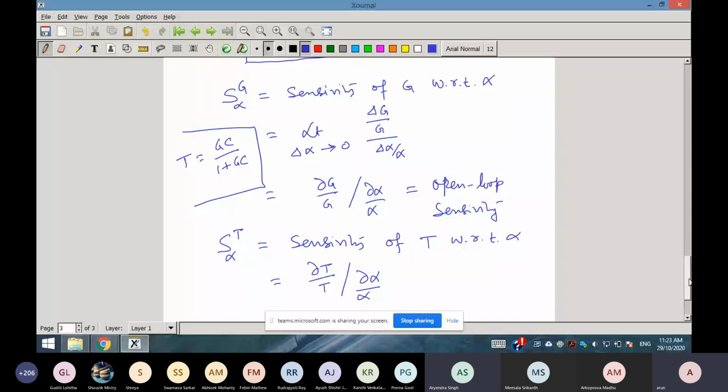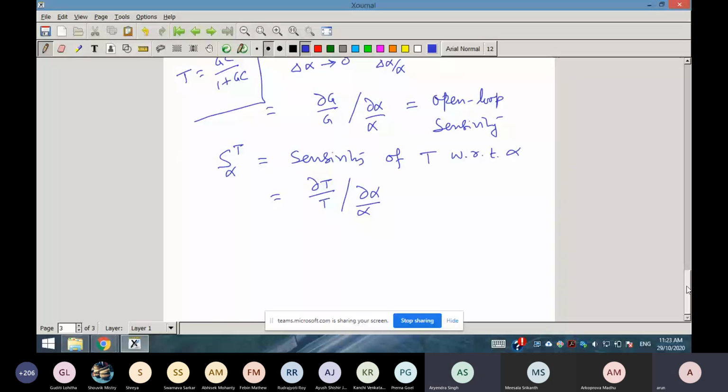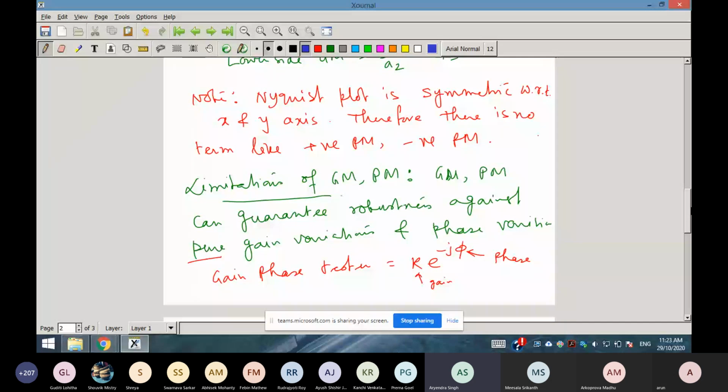Sir, while we're at it, if you can quickly go back to the comment that you made in that example 3 about the Nyquist plot, about the symmetricity. You said that when the plot is symmetric with respect to x and y axis, there is no term like positive or negative phase margin. So I don't get it.